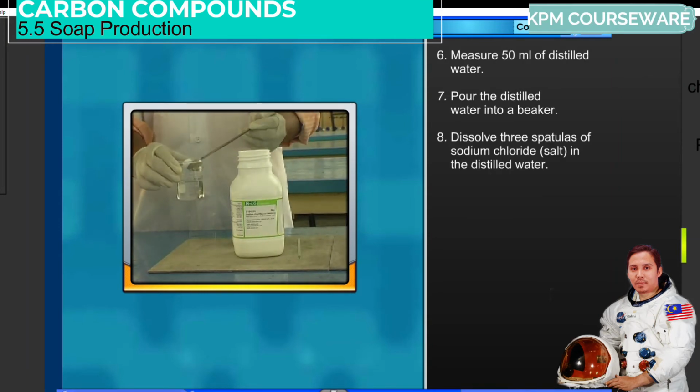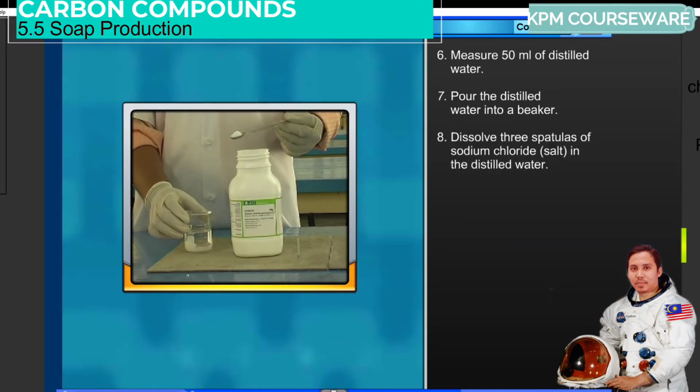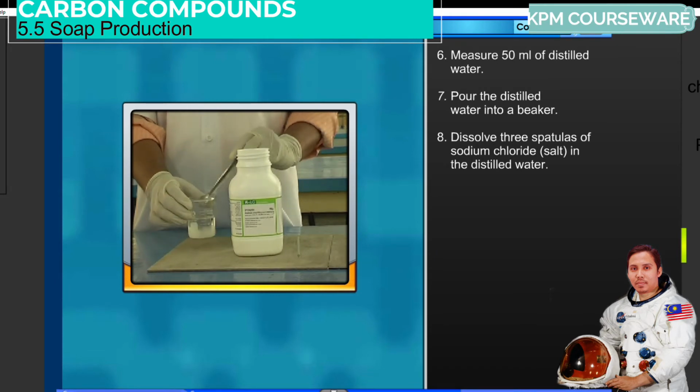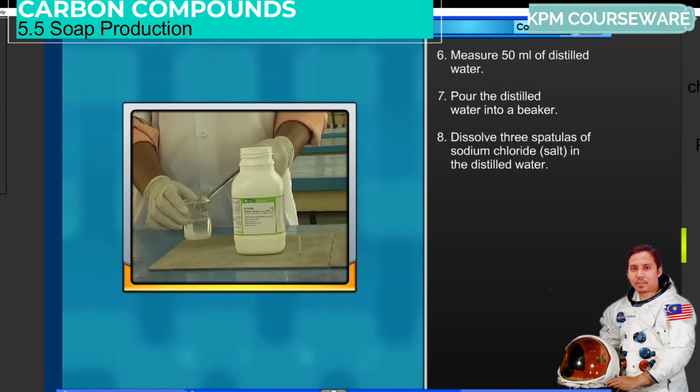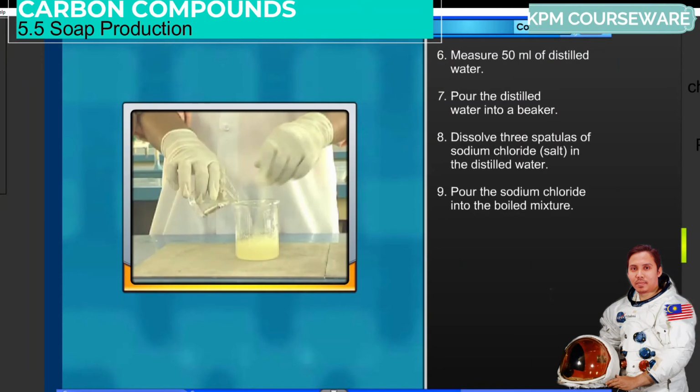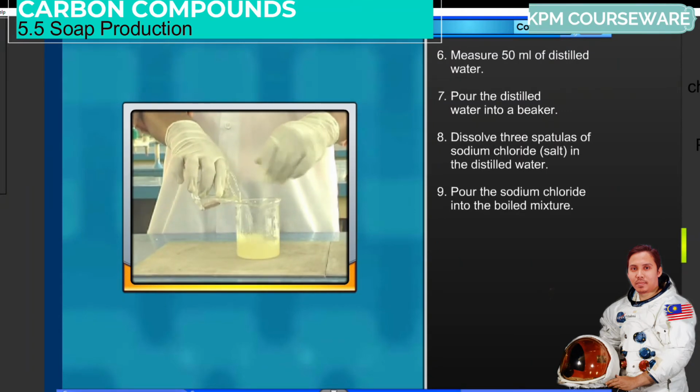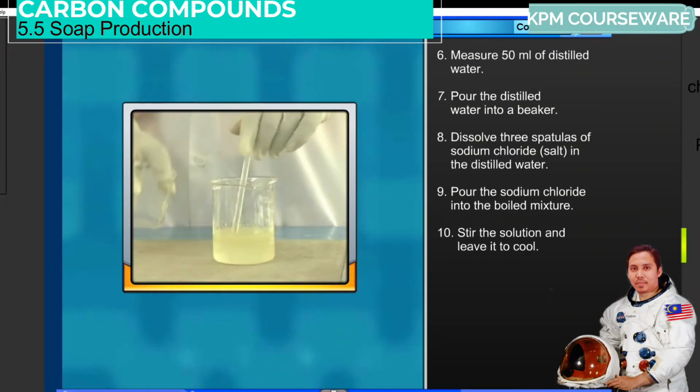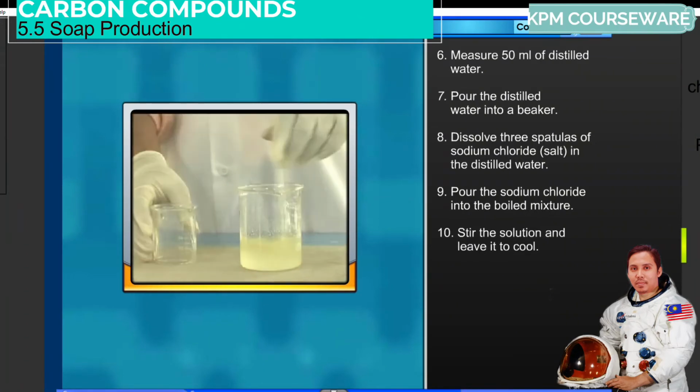Dissolve 3 spatulas of sodium chloride, salt, in the distilled water. Pour the sodium chloride into the boiled mixture. Stir the solution and leave it to cool.